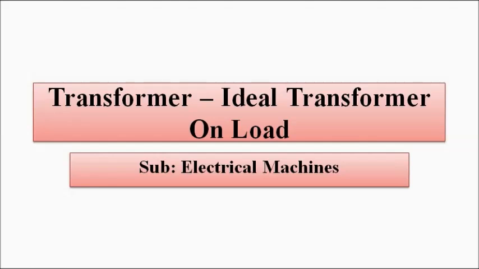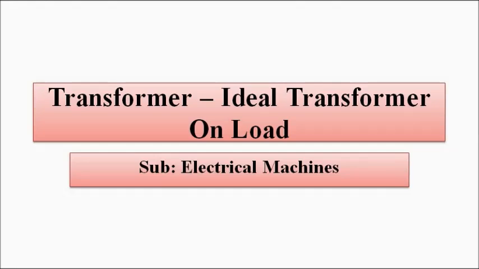So we all know that a transformer is an electrical machine which performs energy conversion, which can increase or decrease the input AC supply voltage value without any direct electrical connection. It operates on the principle of Faraday's law of electromagnetic induction and Lenz's law.